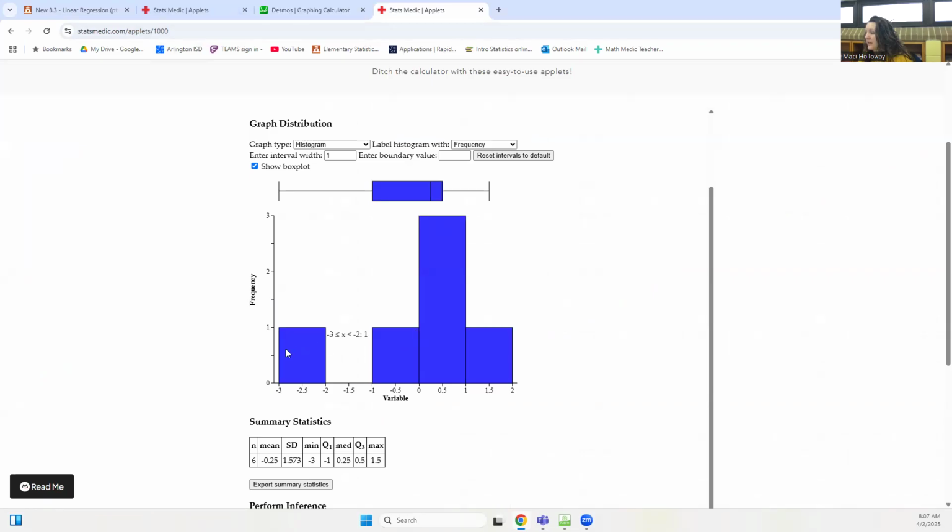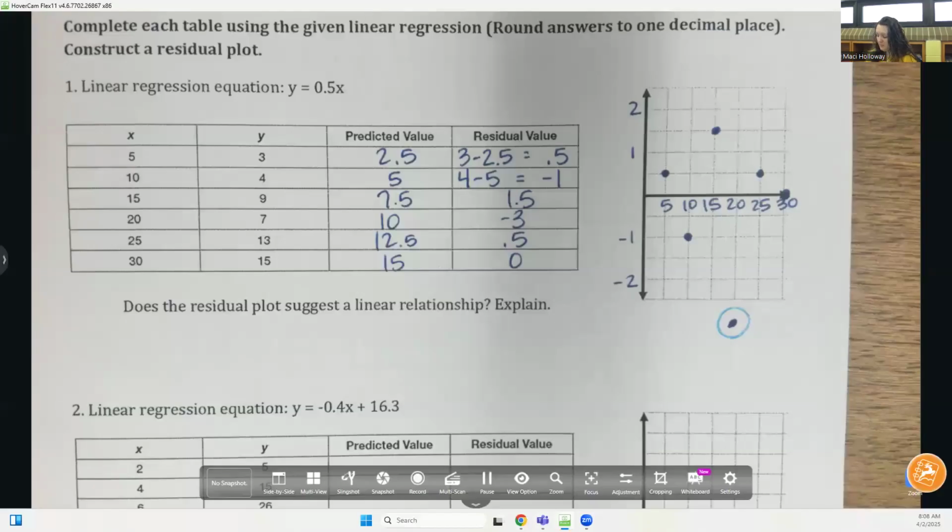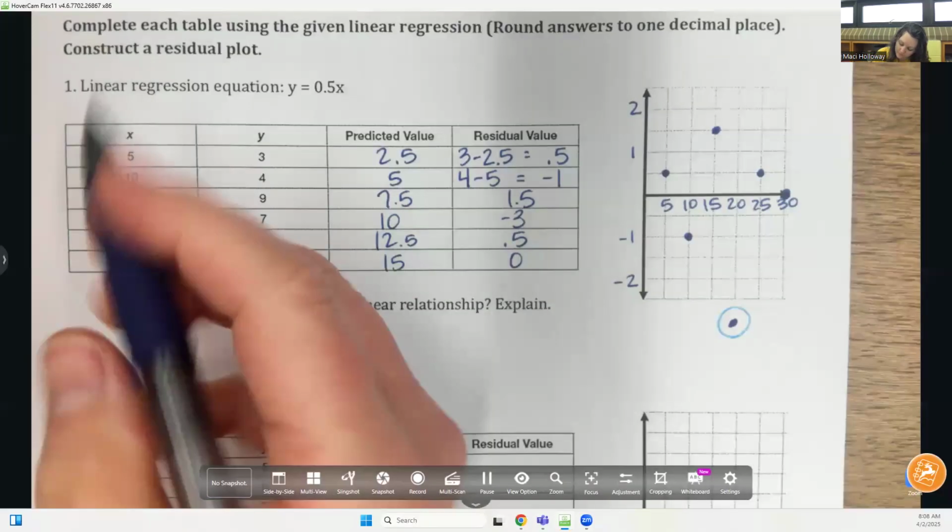And you can see that it's quite left skewed. And you can even look at the box plot and notice how the median is to the right. And there's so much space here on the left. And you can also look down where your mean is -0.25 and your median is 0.25. Those are quite far apart. So I would say number 1, no.